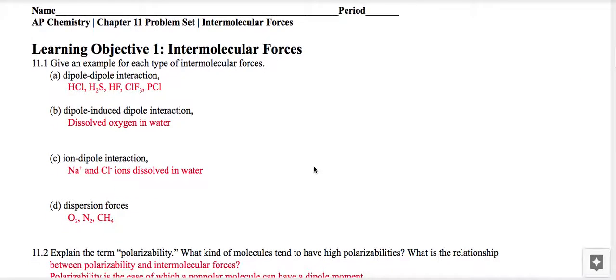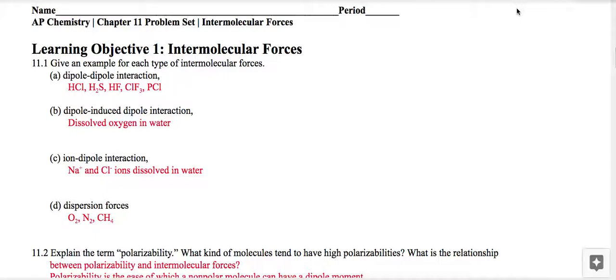So the first objective is the biggest one in this unit. It's all about the different intermolecular forces. We need to make sure that we have a working understanding of how to identify something as polar or nonpolar, and then how that relates to its possible intermolecular forces, dipole-dipole or dispersion. Dipole-dipole goes with polar molecules, dispersion goes with nonpolar molecules, and then we have hydrogen bonding.